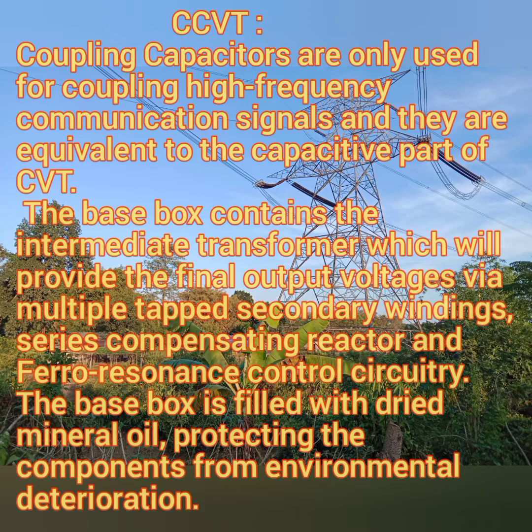The base box consists of an intermediate transformer, which will provide the final voltage via multiple tapped secondary windings, the series compensating reactor and the ferroresonance control circuit. Also the base box is filled with dried mineral oil, protecting the components from environmental deterioration.